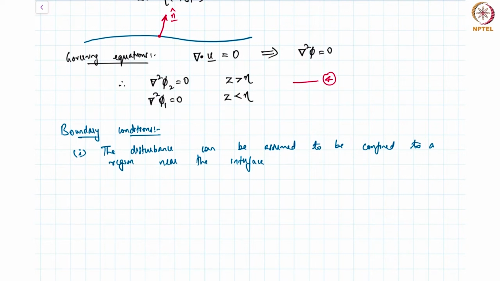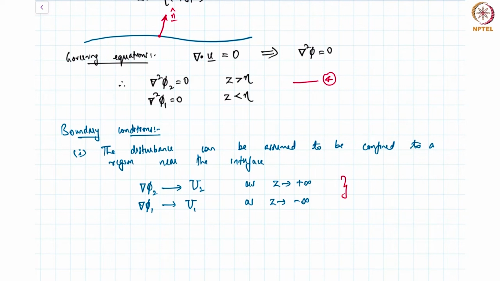Therefore the boundary condition would simply be that the gradient of phi 2, which is the velocity in the upper fluid, would approach u2 as z goes to plus infinity, and the gradient of phi 1 would approach the lower velocity u1 as z goes to minus infinity.